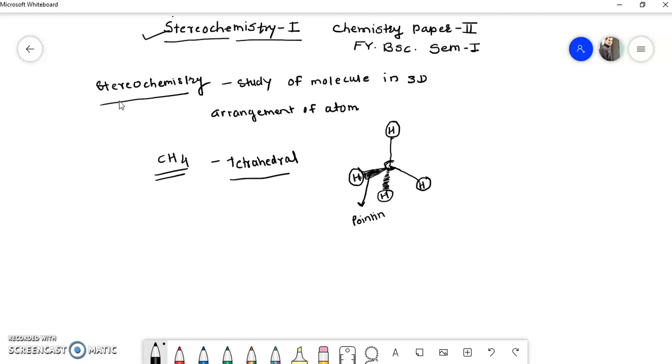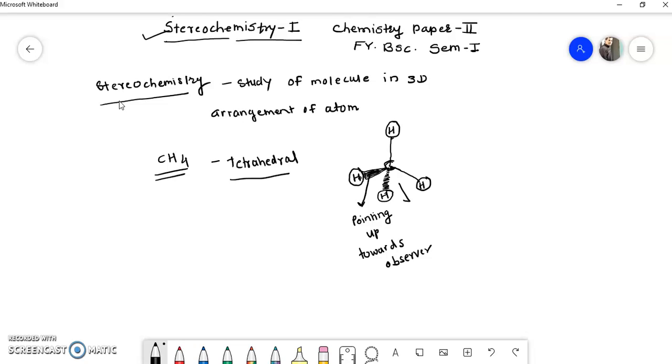up, pointing up, or we can say pointing towards the observer. Now if we are observing this molecule, then this hydrogen is pointing towards us.